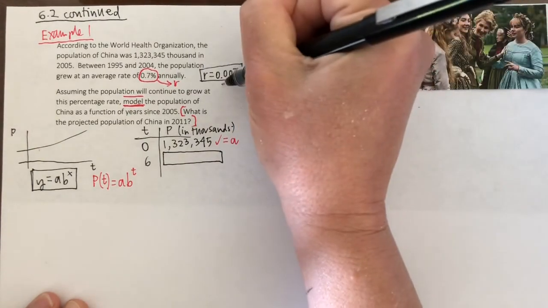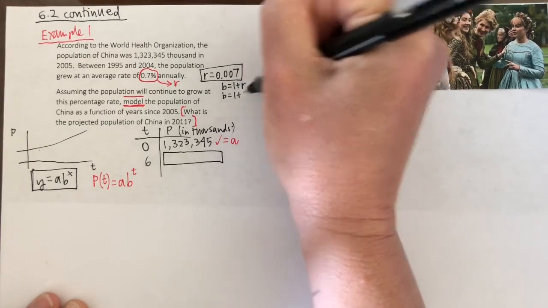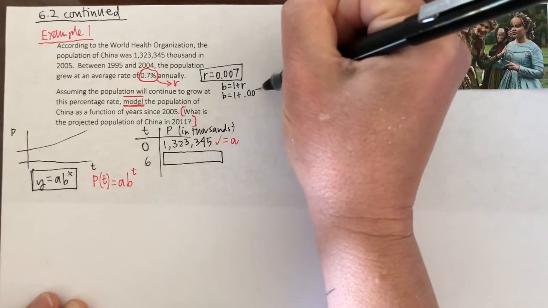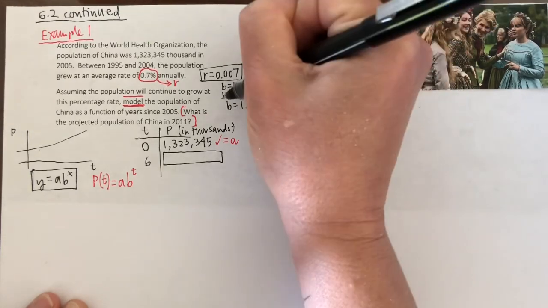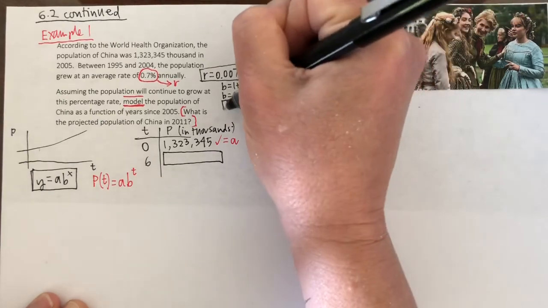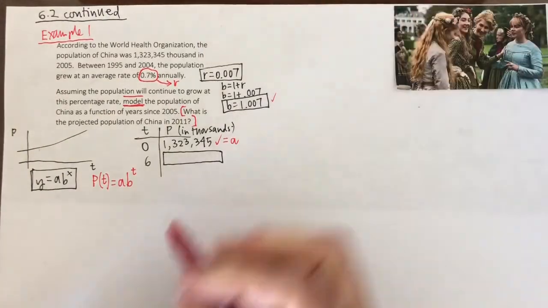And so I know that b always equals 1 plus r, so b equals 1 plus 0.007, so b is 1.007. Good, I have my a, I have my b, and so I have everything I need for the model.